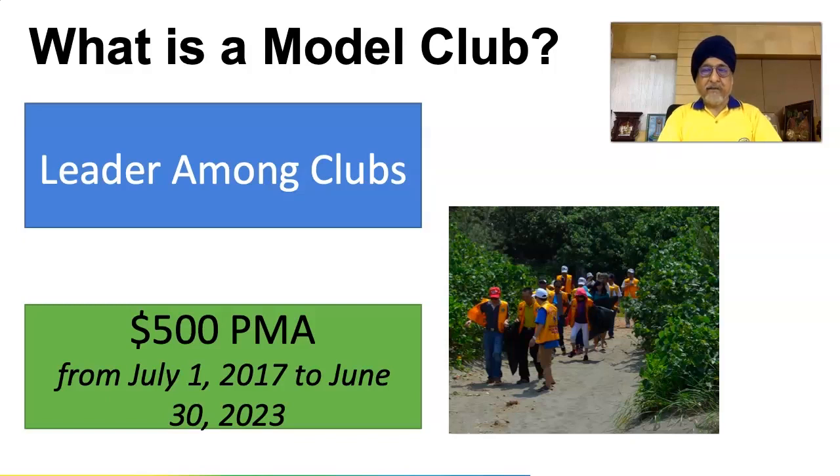A club which is ready to lead the campaign from the front, by contributing to the Campaign 100 a certain amount per member average over a period of 6 years, beginning from July 1st, 2017 to June 30, 2023. It's a small amount if spread over a period of 6 years, just $500 per member average to be paid over a period of 6 years, my friend.